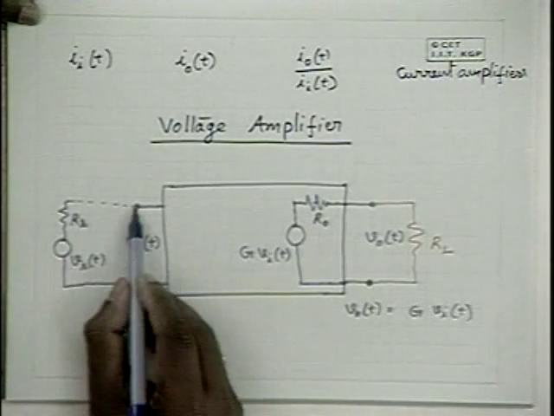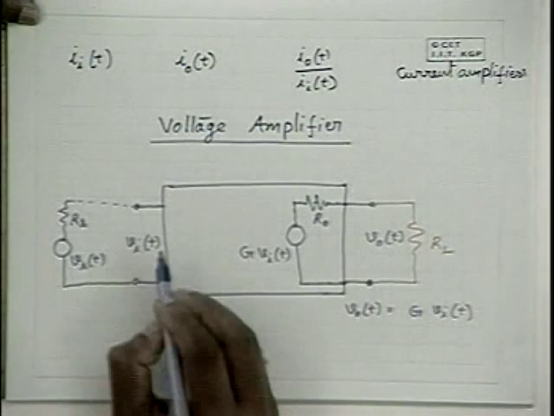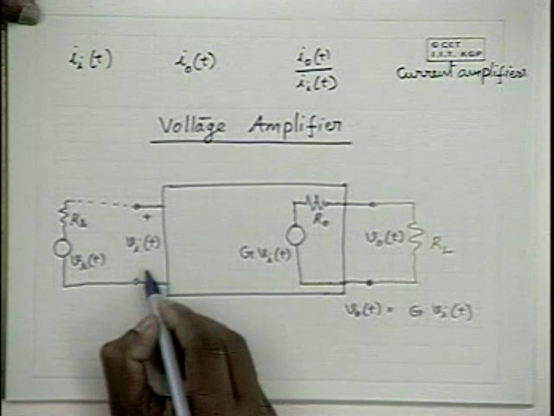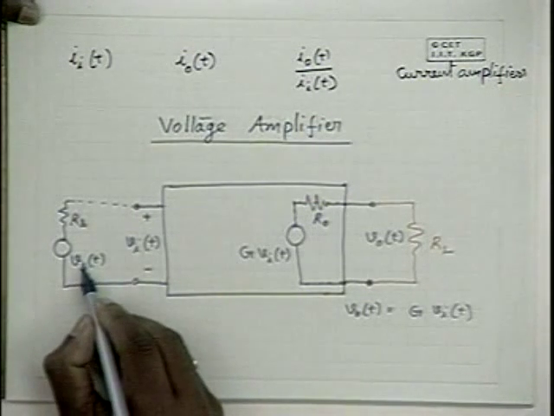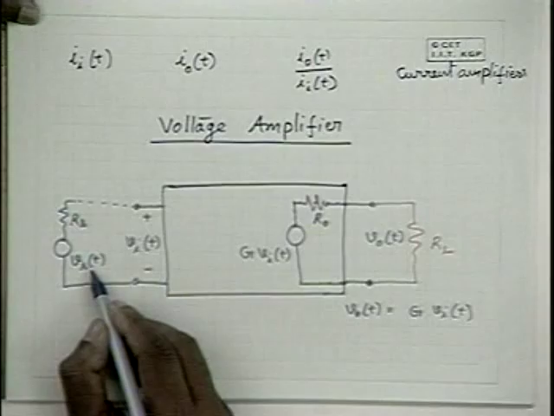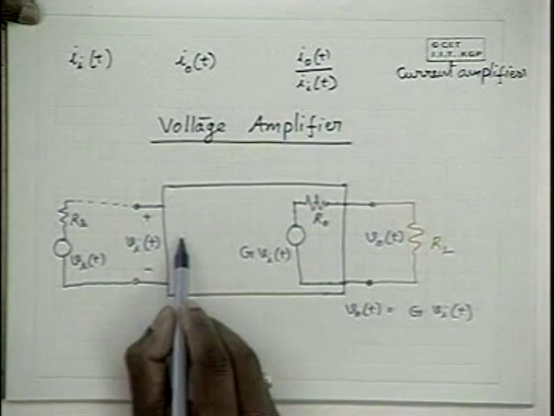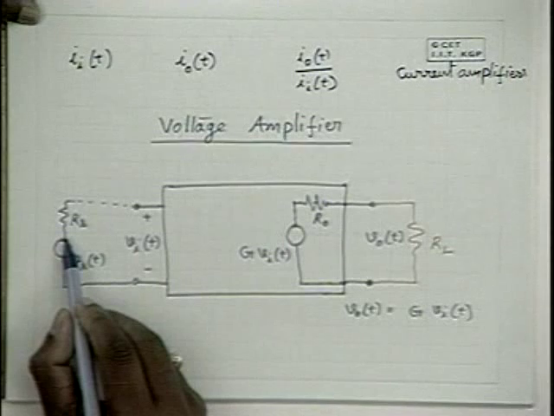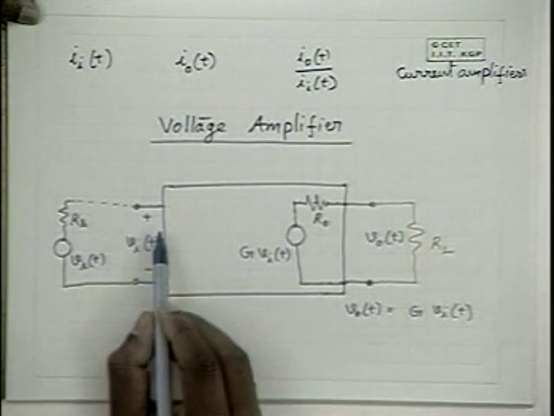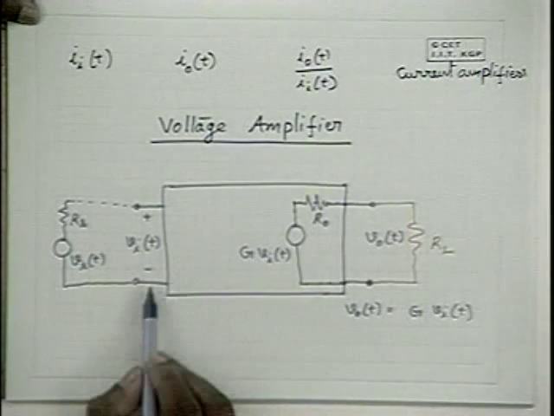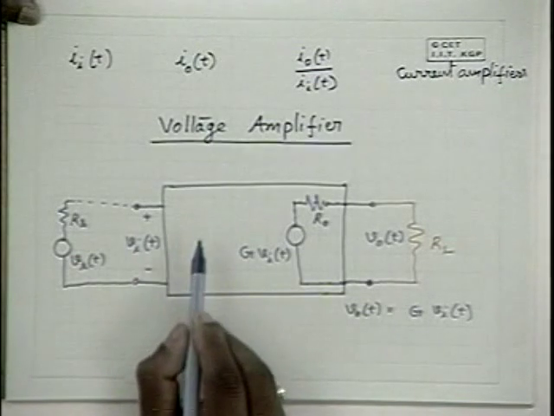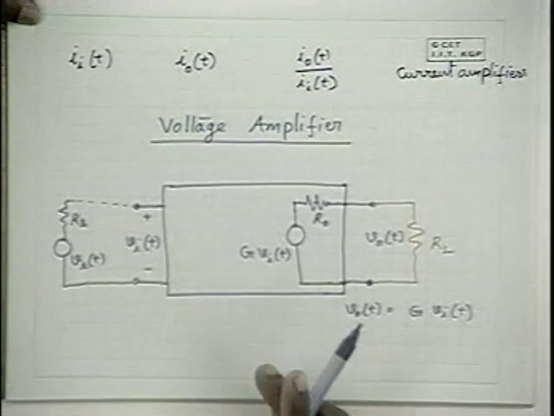And when you connect the amplifier to the source, do you expect VIT to be equal to VST? Not really, because the amplifier loads the voltage source. That means it acts like some resistance being connected to the source.